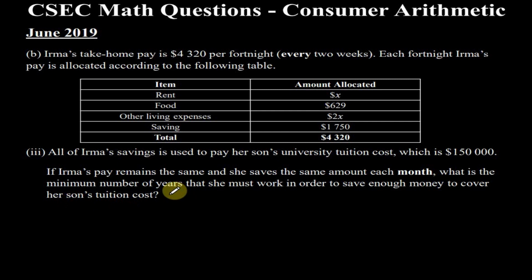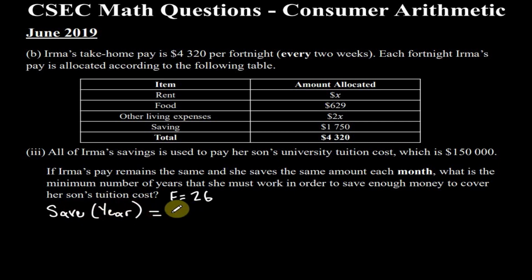So we have 26 fortnights, and let me use F for fortnights, and we have 26 fortnights in a year, right? So let's see how much she'll save in a year. If she's saving this per fortnight, and we have 26 fortnights in a year, let's see how much she'll save in a year, right?